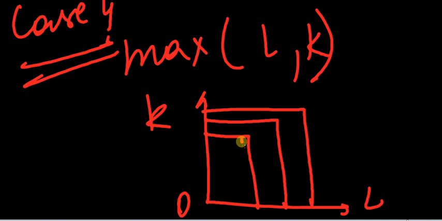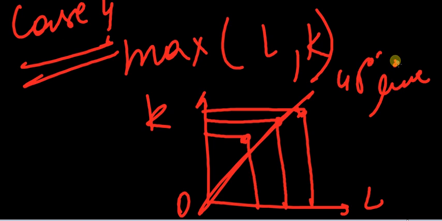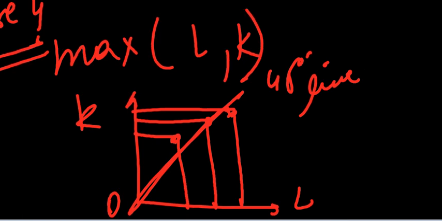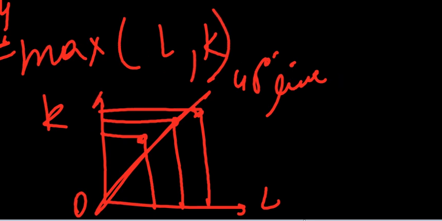Again, these kinks would be passing through the 45-degree line. Alright, this is all done in consumer theory. We are just changing names kind of thing. The concepts remain the same. So let's go to the next function and the last function.